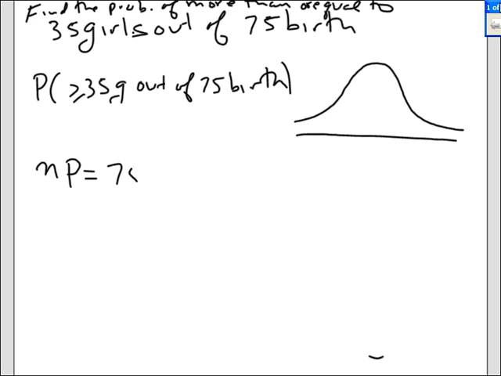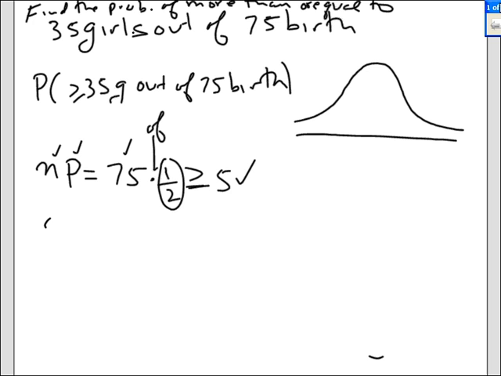Well, N is 75. There are 75 births. And P is the probability of getting a girl, which is half. Half of 75 is more than 5. That is, it's greater than or equal to 5.